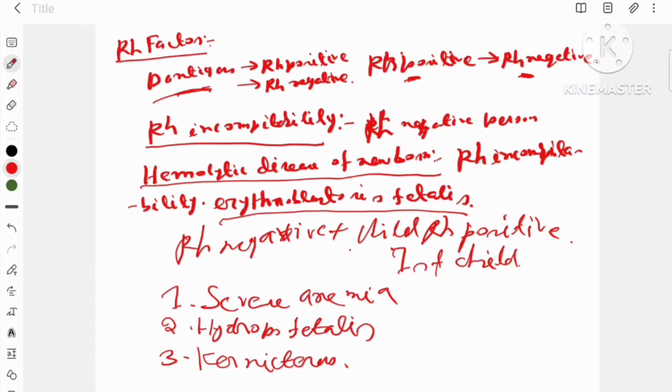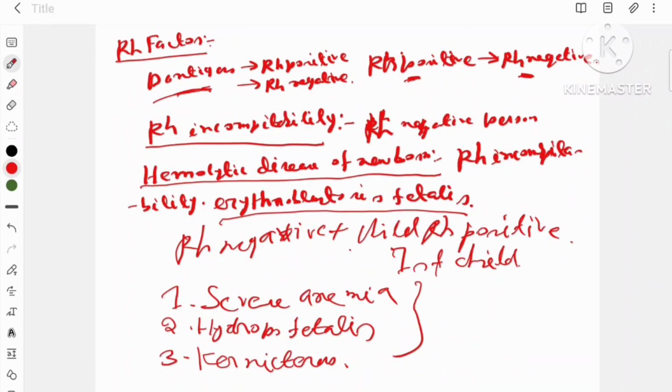So how can we prevent this transfusion reaction? First of all, if the mother is found to be Rh negative and the fetus is Rh positive, anti-D antibody should be administered to the mother at the 28th week and 34th week of gestation as a prophylactic measure. And if the Rh negative mother delivers an Rh positive baby, then anti-D should be administered to the mother within 48 hours of the delivery.